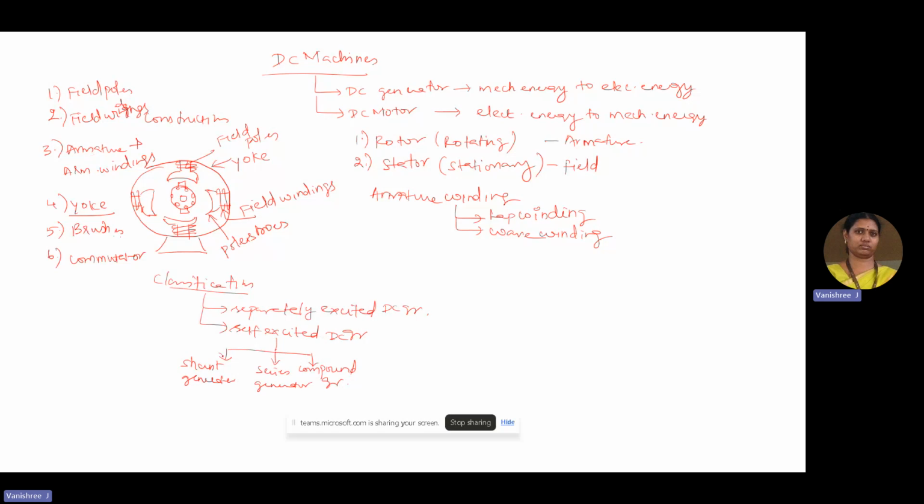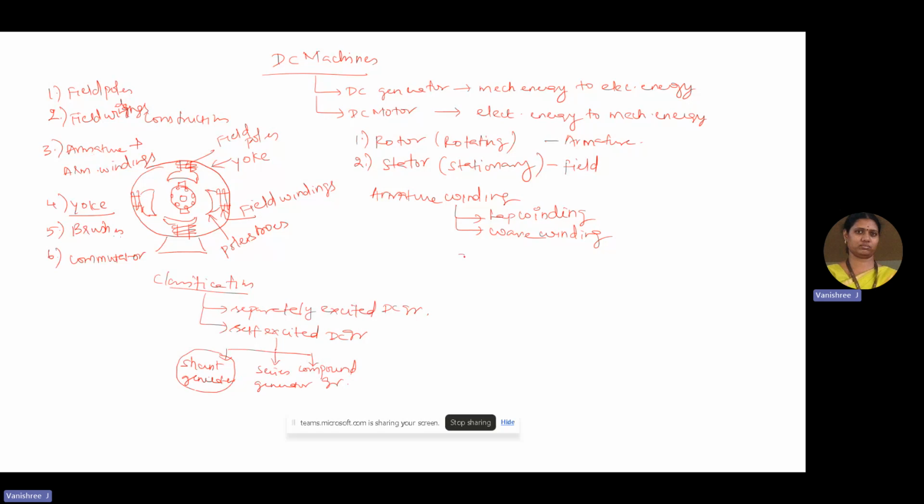In case of a shunt generator, the field winding is connected in parallel to the armature. In case of a series generator, the field winding is connected in series to the armature. And in case of a compound generator, both the shunt and series field windings are present. So now let us look at the classification of self-excited DC generator.